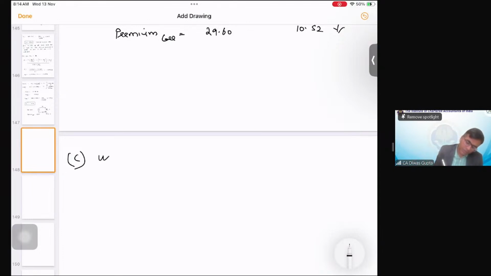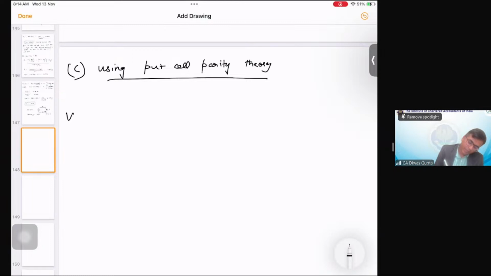So, using put call parity theory, value of put option plus spot price is equal to value of call option plus present value of strike price.